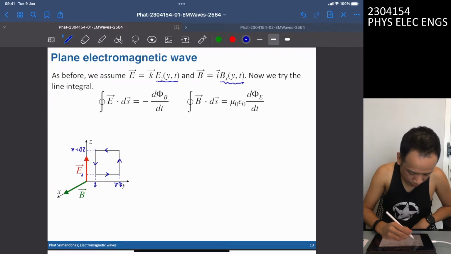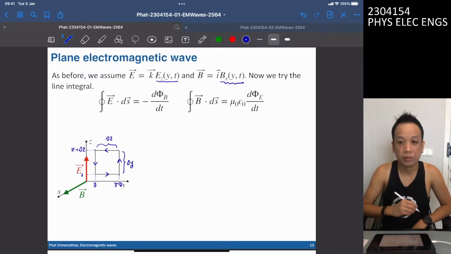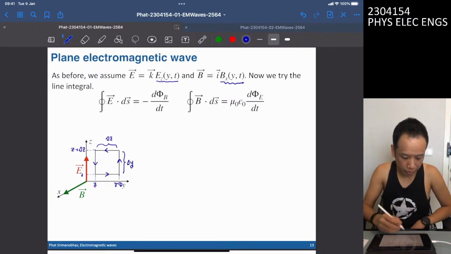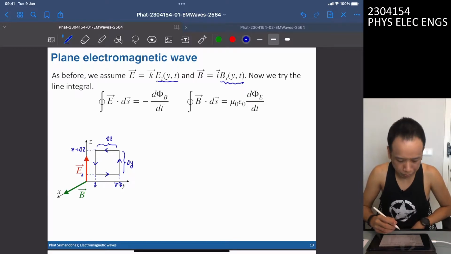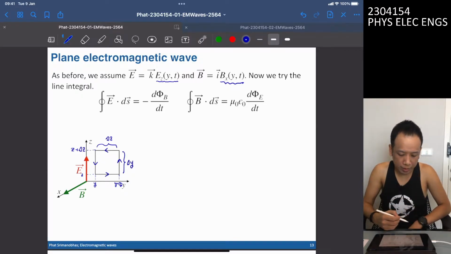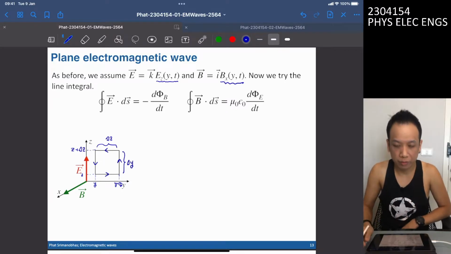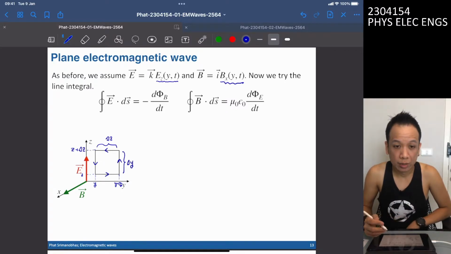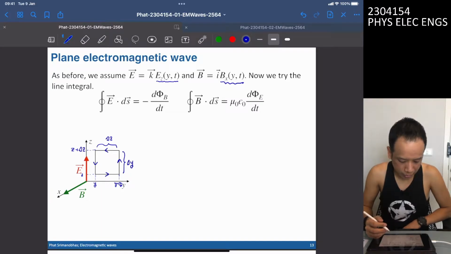So this is a loop with the size of delta z times delta y. Okay? And this is just the general case. If you draw the square loop, the size is going to be the same, but that is a specific case. We just draw in a general case. Okay, so now we start. I would start from the second equation. Why do I start from that? Because it's easier, right?